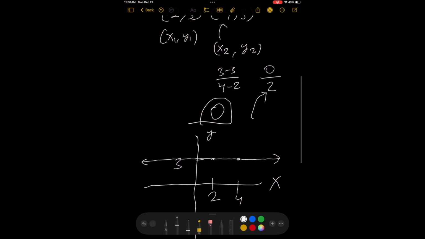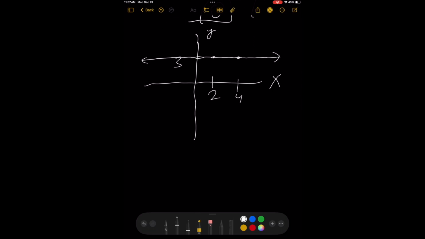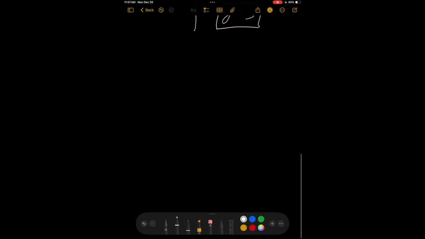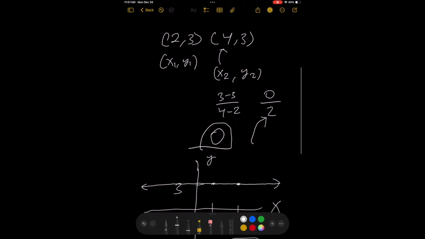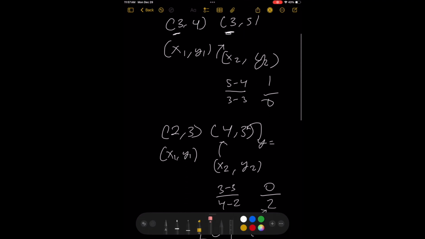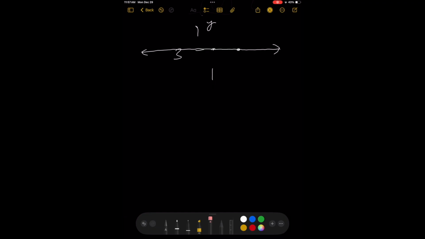So a slope of 0 just means a horizontal line, and the equation for this is y equals 3. To summarize, if you have a horizontal line, it's just going to be y equals whatever this number is. And if you have a vertical line, it's just going to be x equals whatever the x-coordinate is.